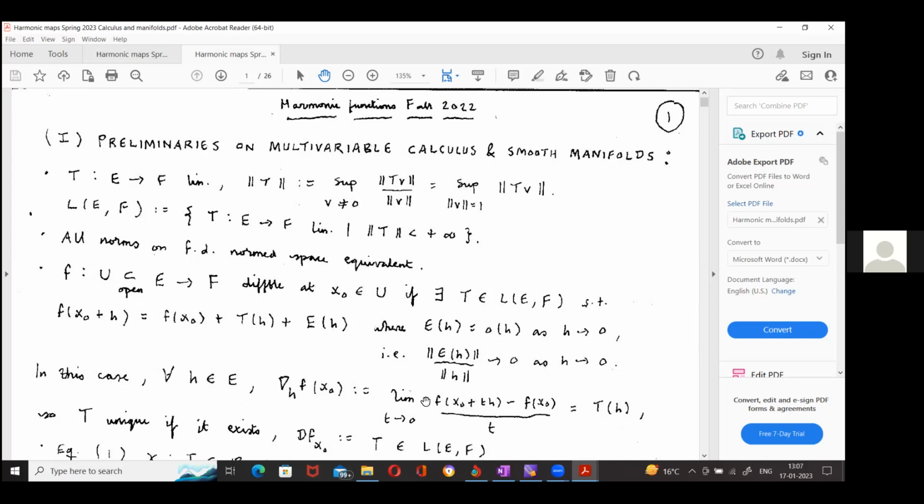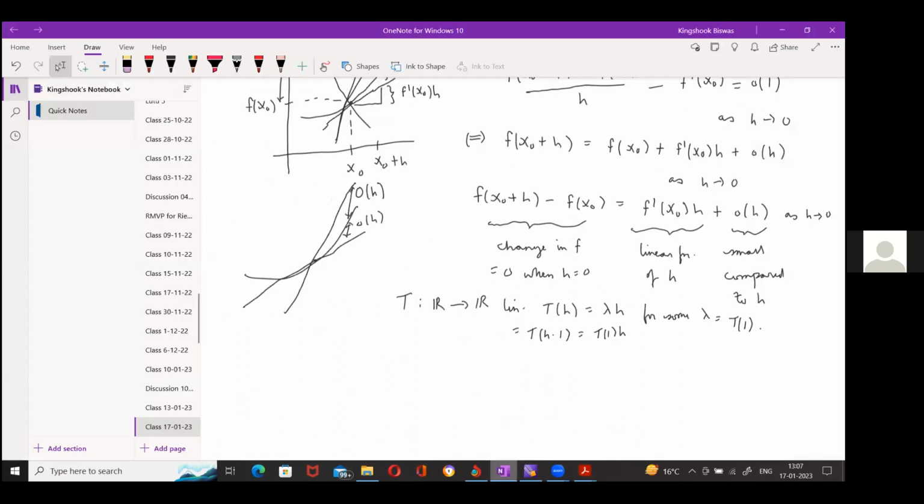Now, if I use this formula here, f of x naught plus h is equal to f of x naught plus T of h plus error of h, and substitute this here, then you can see that this limit is going to be T of h. So let me just do that calculation for you to finish. So f of x naught plus th minus f of x naught over t.